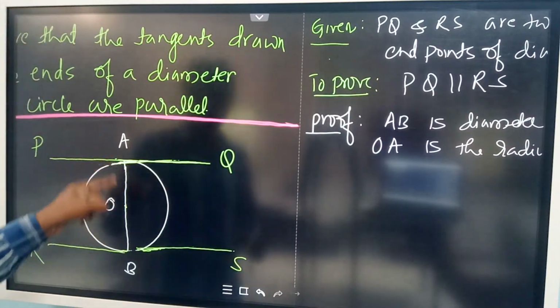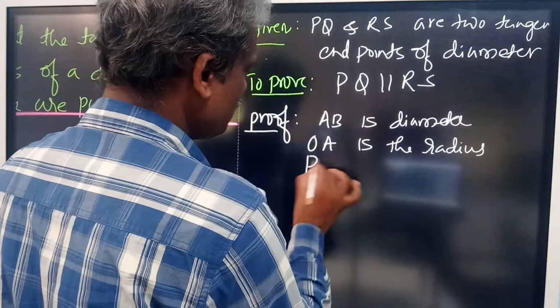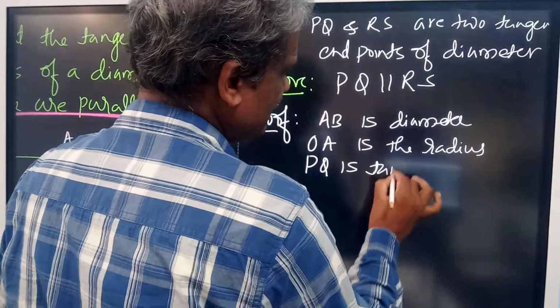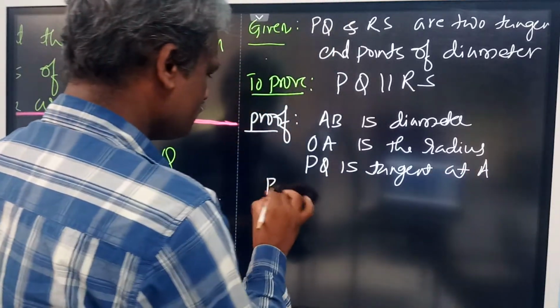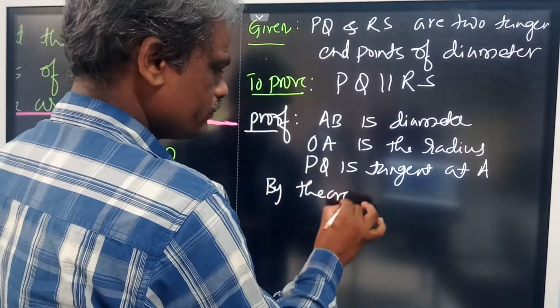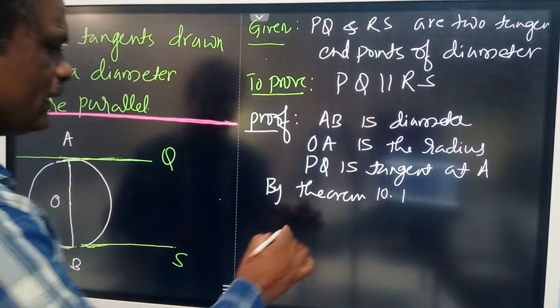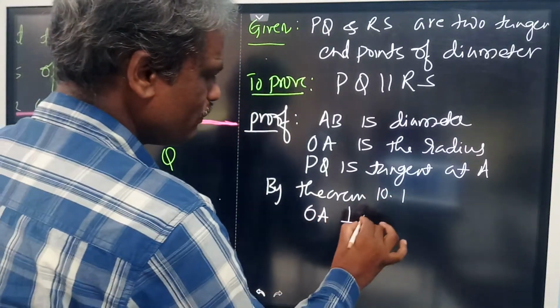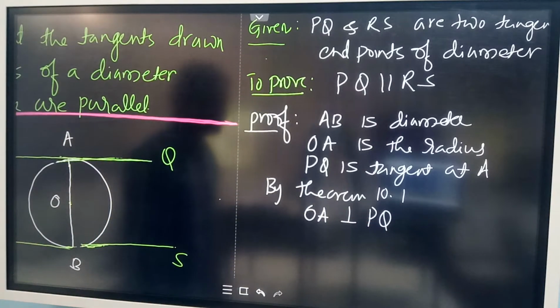OA is the radius and PQ is the tangent at A. So PQ is tangent at A. So by theorem 10.1, you can write that OA must be perpendicular to PQ. Radius drawn through the point of contact must be perpendicular.